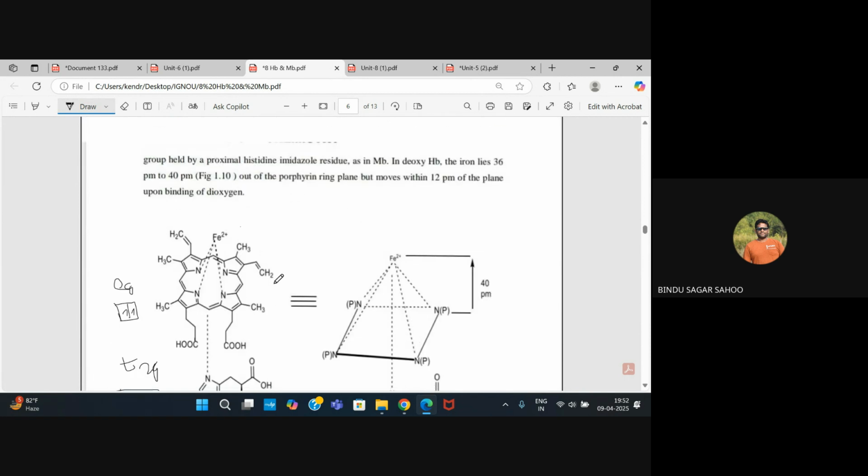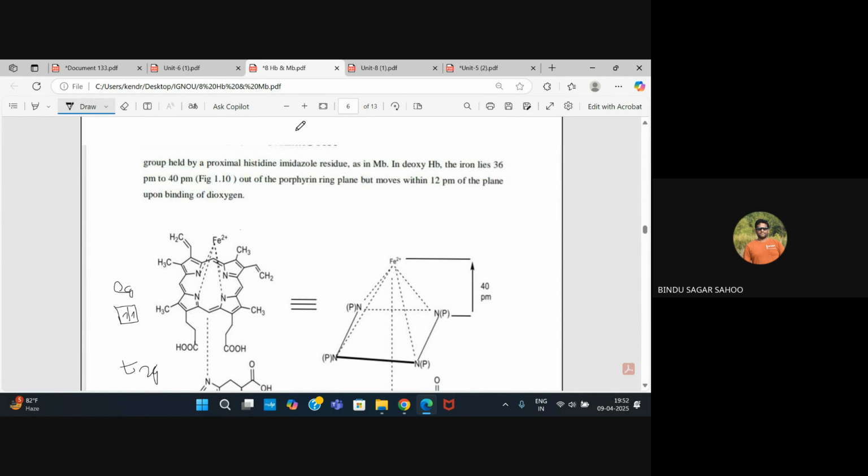When oxygen binds with the iron from above the plane, on the A side, oxygen will bind. Then here the configuration of Fe2+ will change. It will get converted from Fe2+ high spin to Fe2+ low spin.